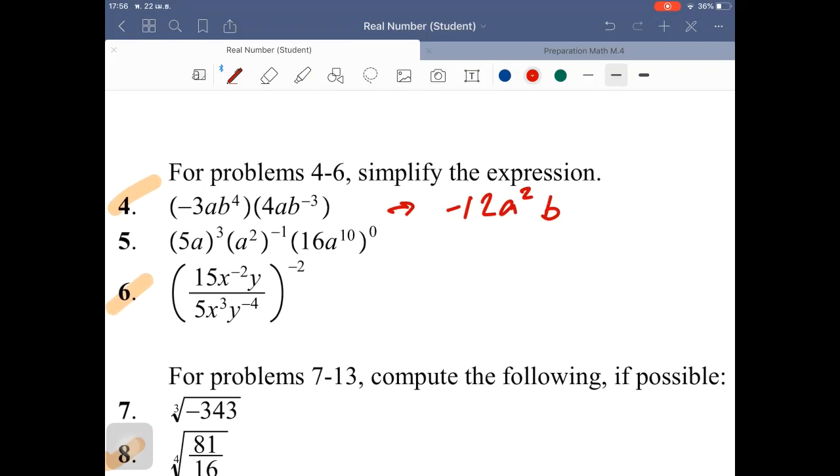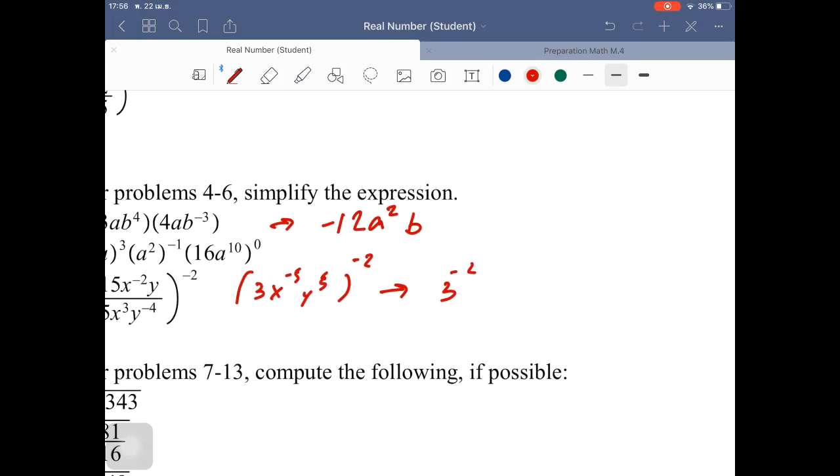Next one. Okay, firstly, I think simplify in the bracket first. What do you get? 3, x to the negative 5, y to the power of 5, and all of this multiplied by negative 2. You will get 3 to the power of negative 2, x to the power of 10, and y to the power of negative 10.